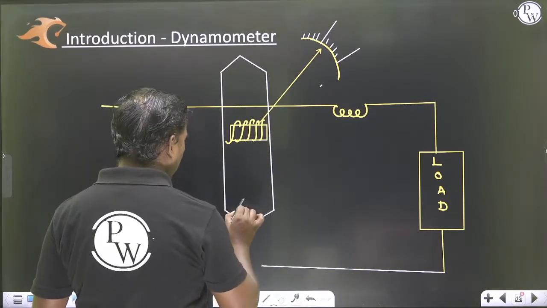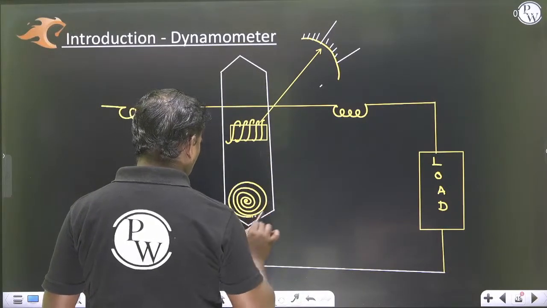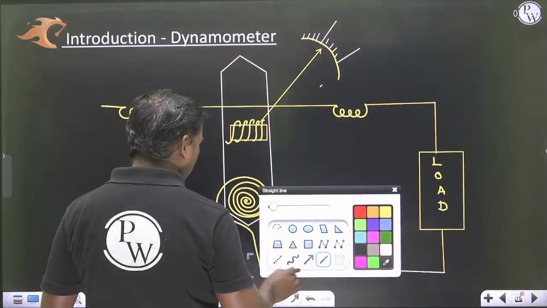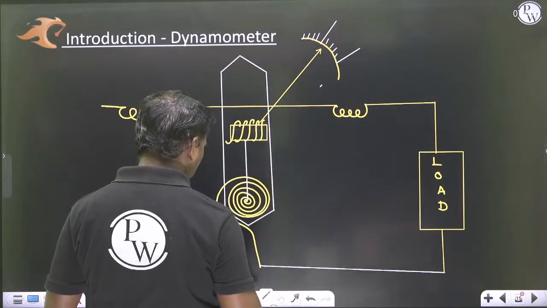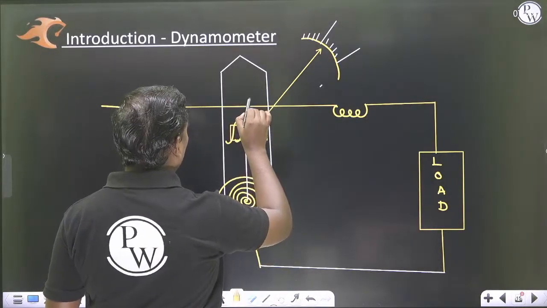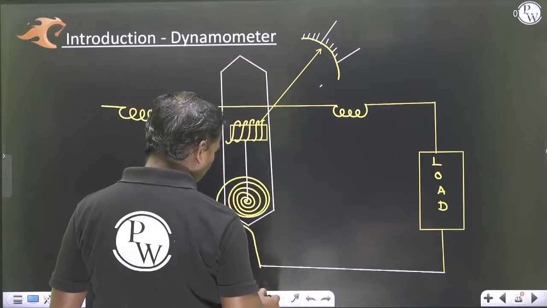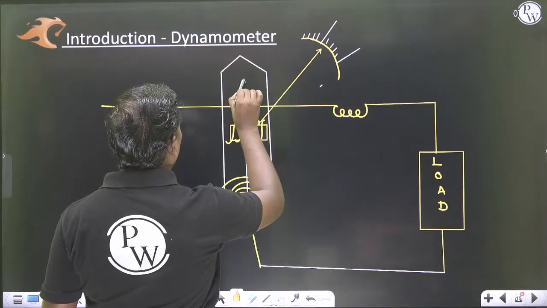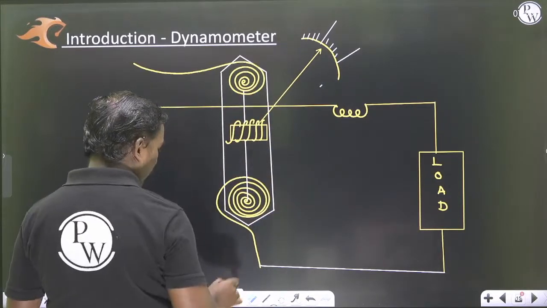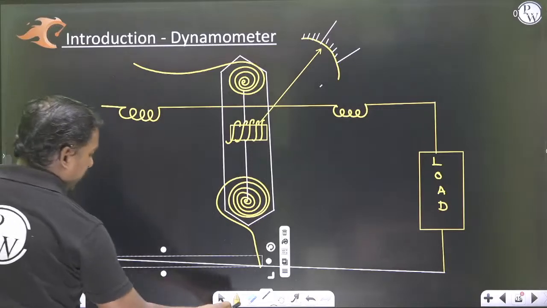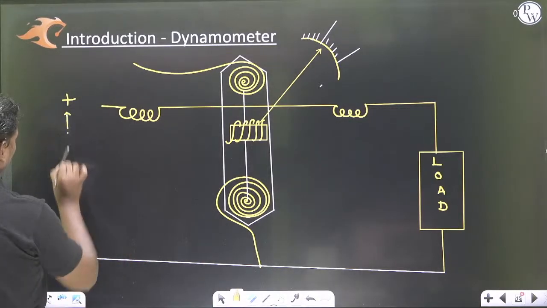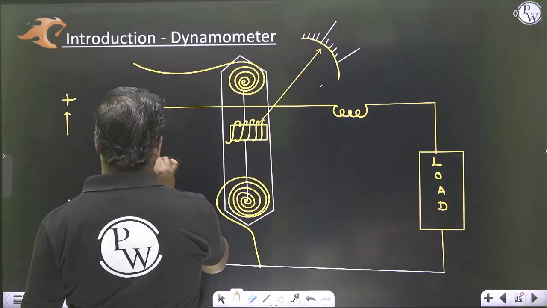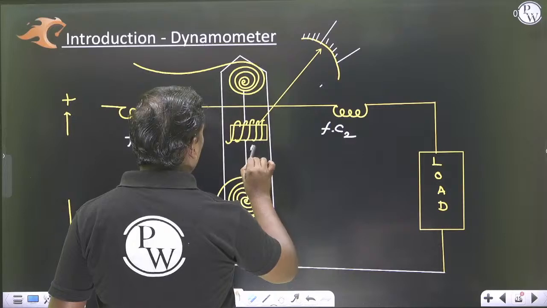There are two springs. So it has fixed coil 1, fixed coil 2, and a moving coil.